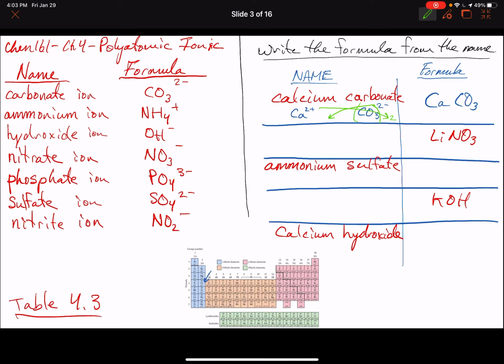So we're going to need parentheses should a subscript have to be located there permanently. But because we have kind of a 2 and 2 situation here, we are going to leave 1 and 1 as the subscripts, and we do not need parentheses on our overall polyatomic ion, that is our anion carbonate. So simply CaCO3 is the correct formula there.